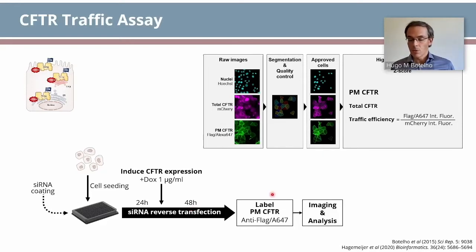Then, extracellular FLAG tags are immunostained in unpermeabilized cells, and epifluorescence imaging is performed. Finally, a high-content image analysis pipeline is used to segment cells, excluding unrepresentative ones, and fluorescence quantification is performed on each approved cell. In this talk, I will show the quantification of plasma membrane CFTR expressed as Z-score.